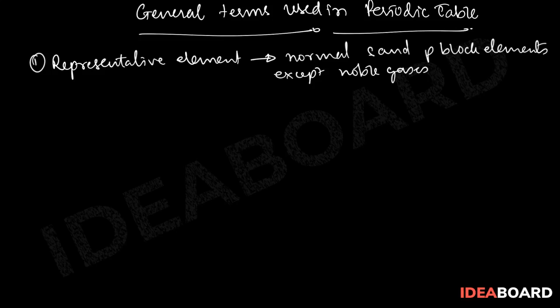That means the compounds available in nature are mainly made up of these elements. That's the reason they are called representative elements.